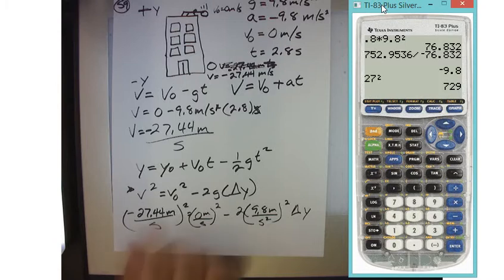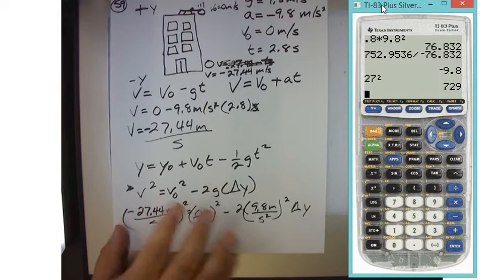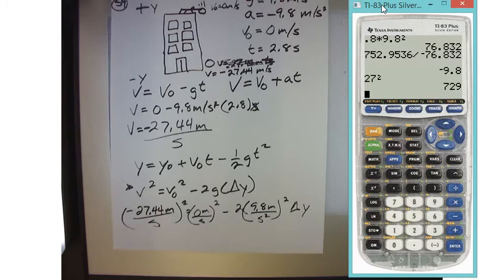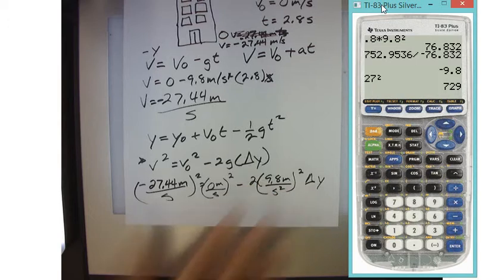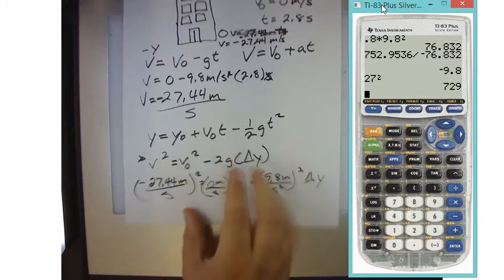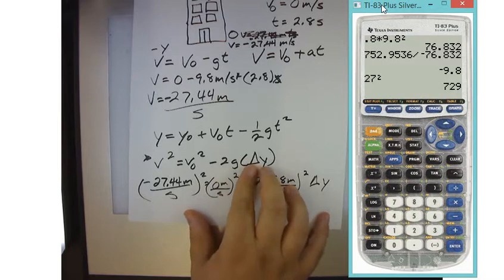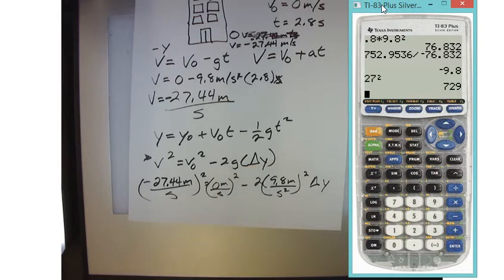So I chose this equation. And when I look in the book, I think I chose it correctly, right? So from this point here, I look at the equation, v squared equals v naught squared minus 2 times the acceleration due to gravity times delta y. Okay, so far so good.